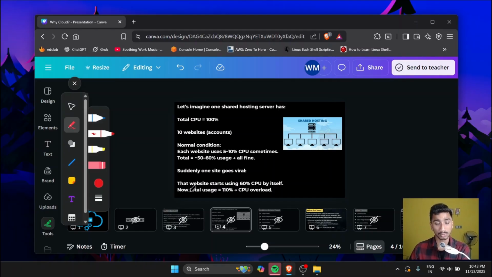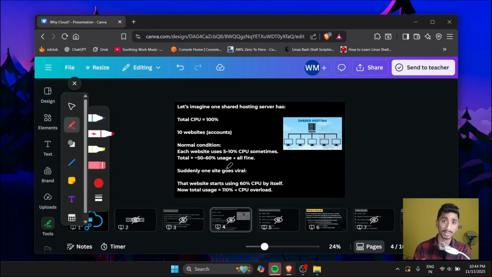Now total usage is 110%, CPU overloaded. Not only 110%, if one website goes viral, it can also use 70%, 80% of the CPU by itself. This impacts the other websites connected to that server and slows down their performance.